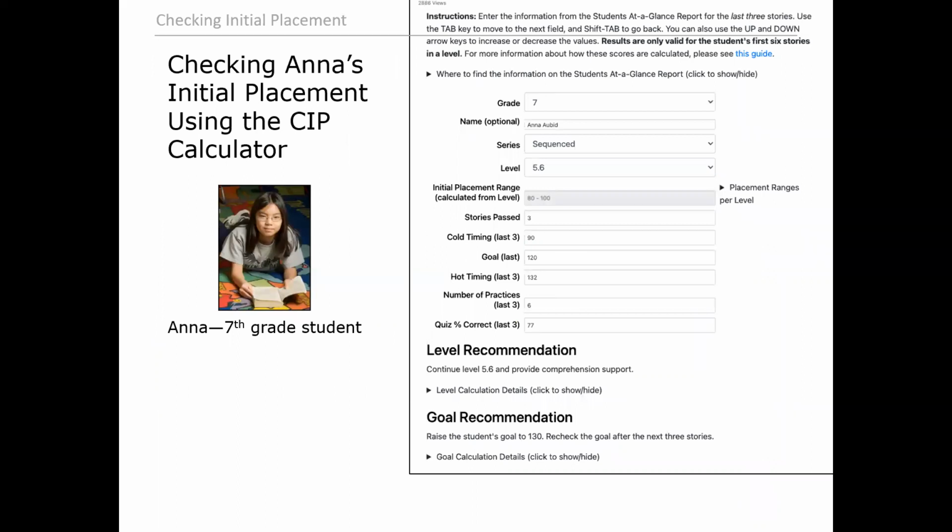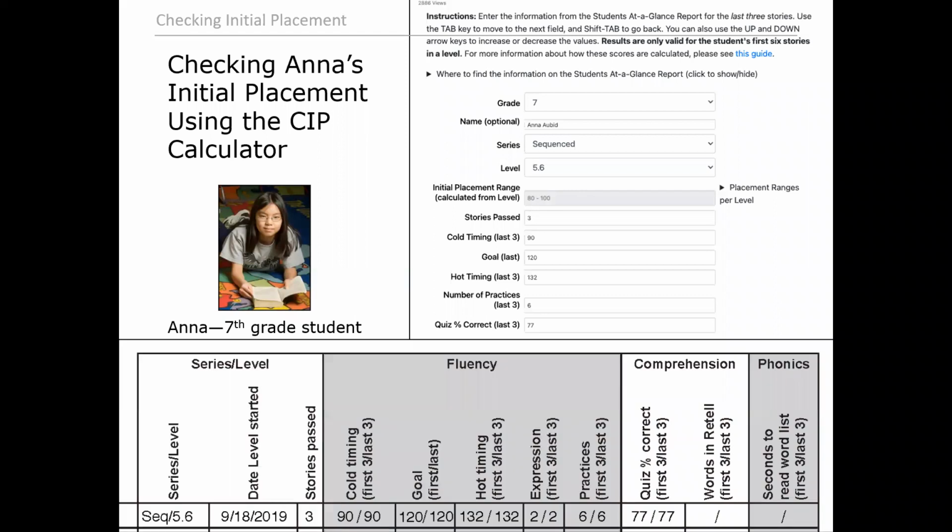So this is what that calculator looks like on our website. And here's the Students at a Glance report. So once you run your report on your students, you may rely heavily on this calculator the first few times you do this process. I don't know about you, but when a process is new to me, I'm a little unsure of myself. And so this calculator is there for those of you who are new to the process and want to build your confidence.